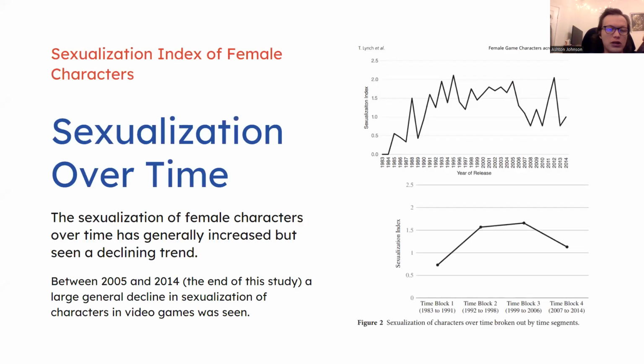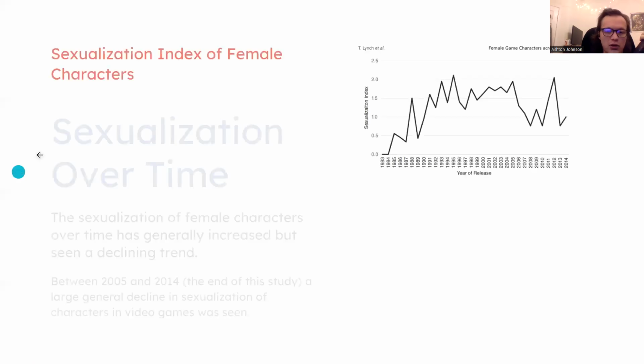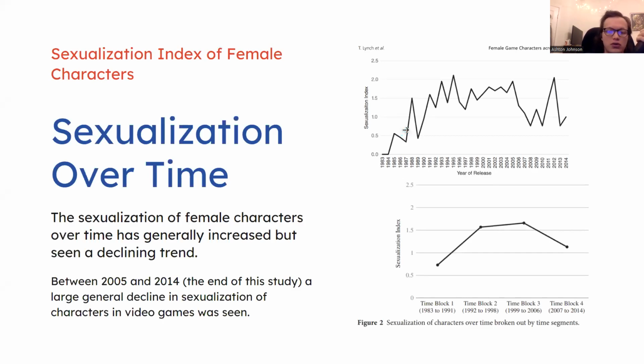Sticking with the same study, we'll look at the sexualization index of female characters. This is the scoring system that Lynch et al. made. It is their own scoring system that they've used to help put into context all of this work, and see how these trends have gone over the years.